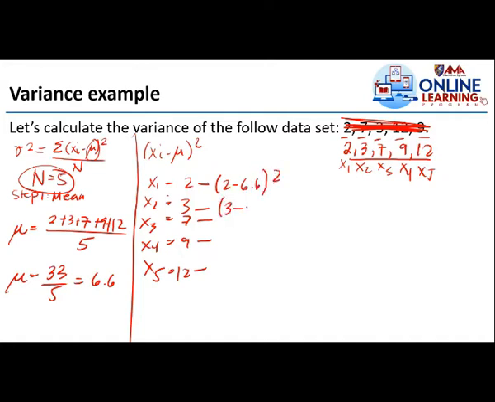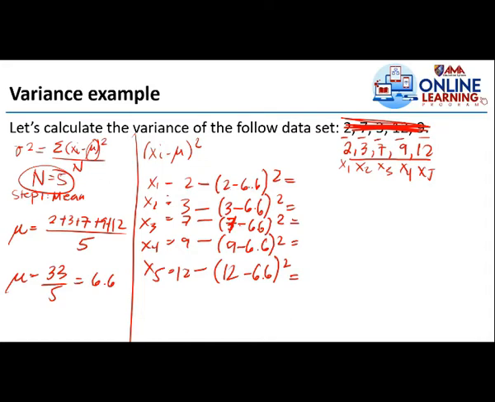This is 3 minus 6.6 squared. This is 7 minus 6.6 squared. This is 9 minus 6.6 squared. This is 12 minus 6.6 squared. So, kunin natin to. So, that is 2 minus 6.6.